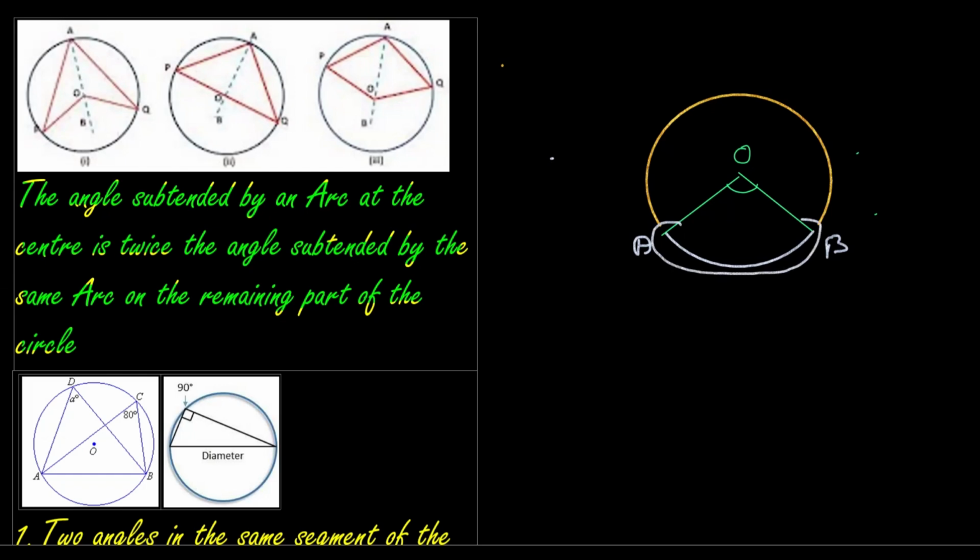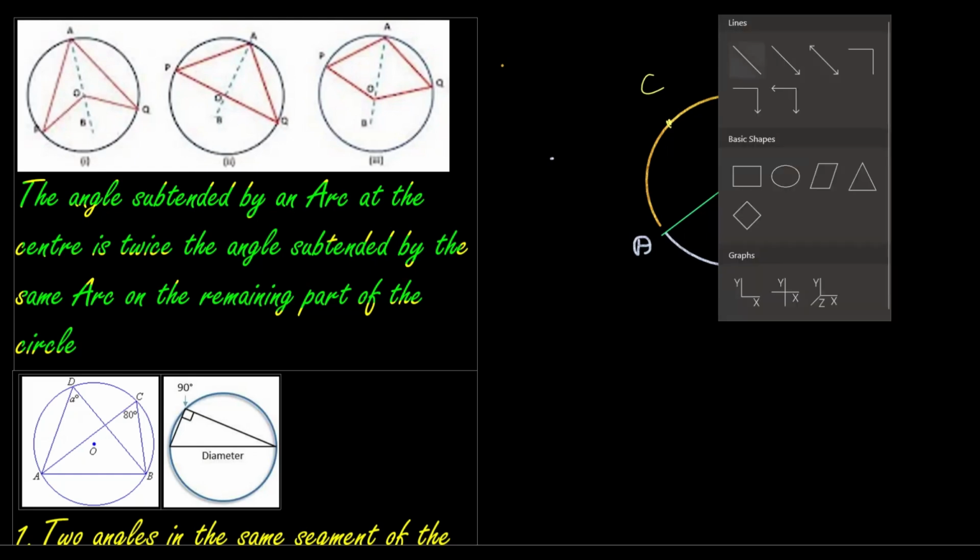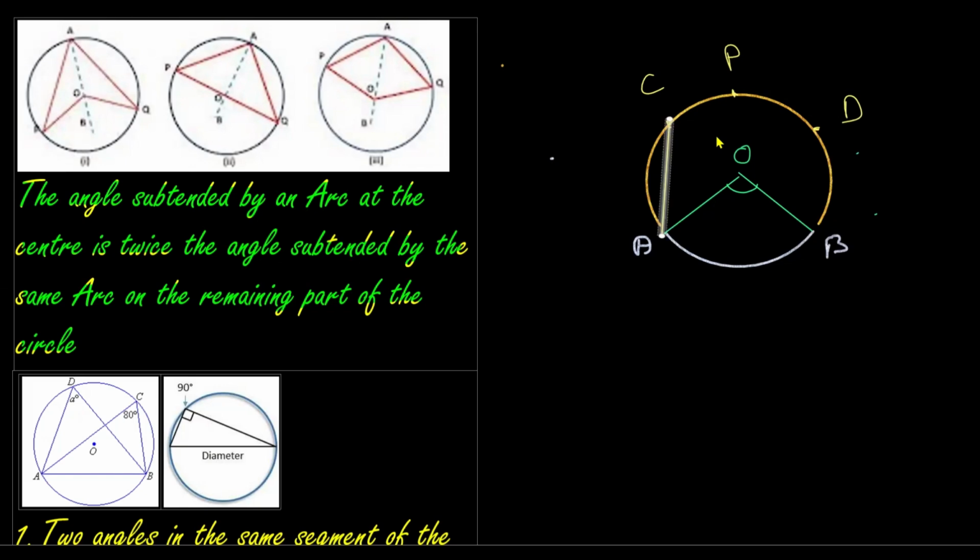If we are considering this arc painted white over here, the remaining part is this, the portion painted golden. So the angle subtended by the arc, this angle AOB, and let's say I took many points, not only one, say 1, 2, 3, and I mark these as C, P, D. Then this central angle AOB will be twice the angle subtended by these.